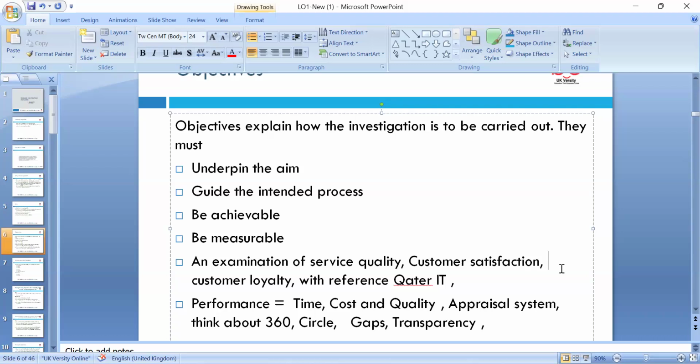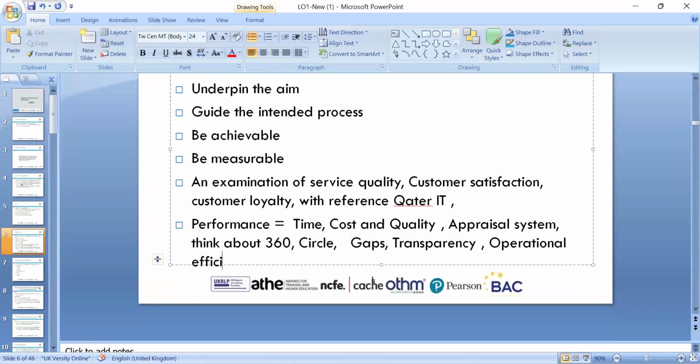And we can bring operational efficiencies. Whatever we do, we need to look at how we can bring operational efficiency, efficient in terms of time, cost and quality, not only one area.